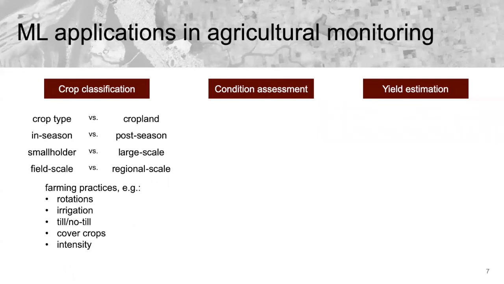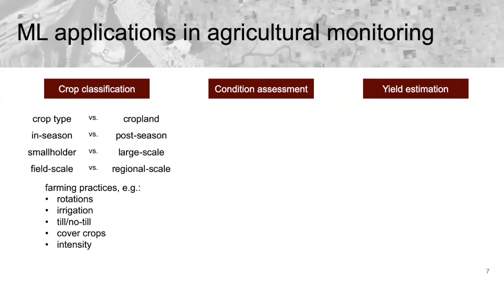And within crop classification, which is a huge area of research, and probably the biggest application of machine learning in agriculture, we have many different sub-problems. For example, are we mapping individual crop types, or are we mapping cropland versus not cropland, as we saw earlier in Lyndon's talk? Are we wanting to classify these crops during the growing season or once the growing season has finished, post-harvest? These are very different problems.